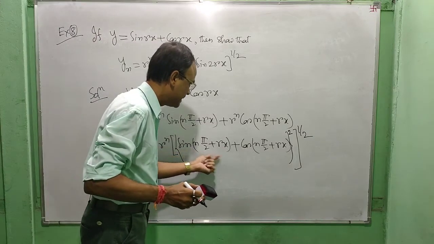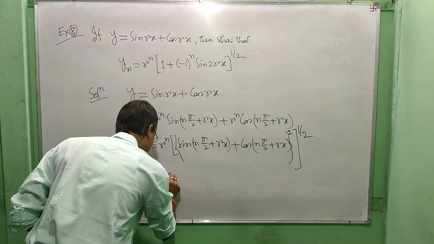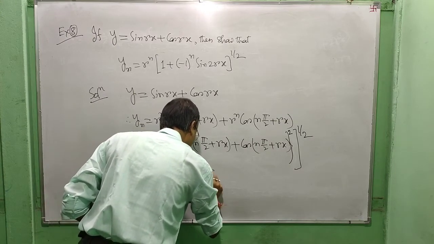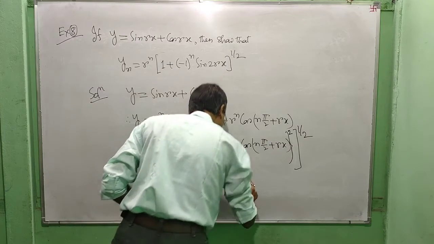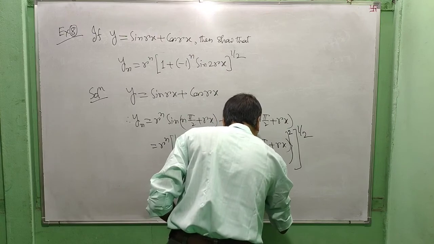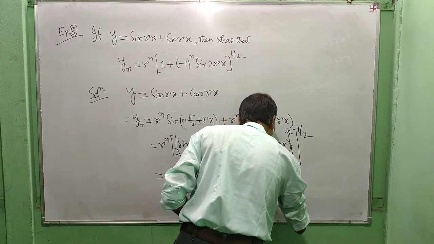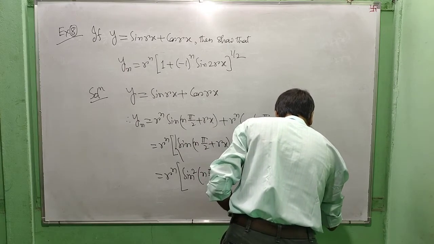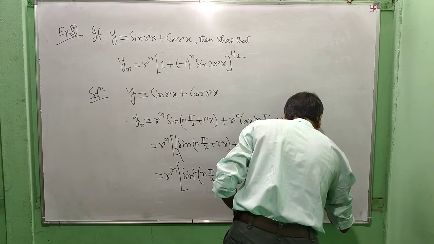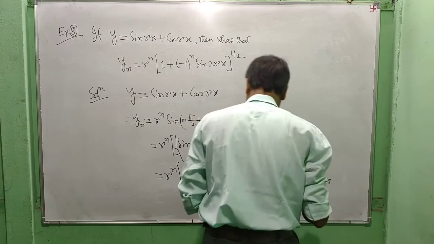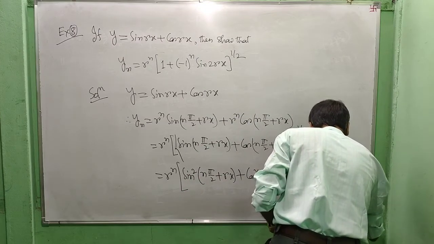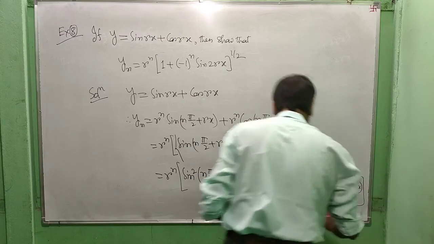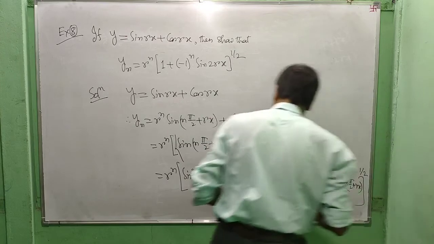Then it is of the form a plus b whole square, so just expand it in the form a plus b whole square: sin square(n pi by 2 plus Rx) plus cos square(n pi by 2 plus Rx) plus 2 times sin(n pi by 2 plus Rx) into cos(n pi by 2 plus Rx), whole to the power half.